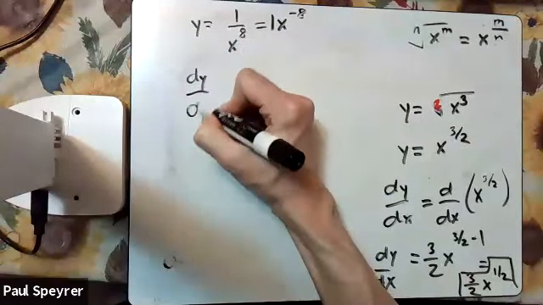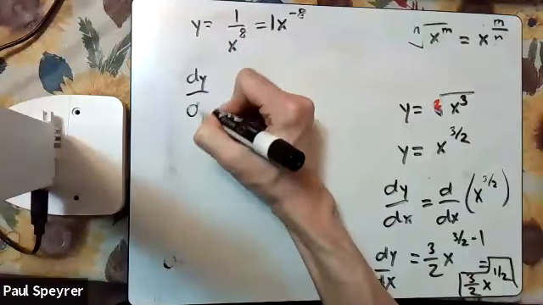Now, what if we have, say, something like this, like y equals 5x to the 3rd power? Now we have something other than 1, right? Or just x by itself, we have something in front. If you have something in front, you still derive it the same way.